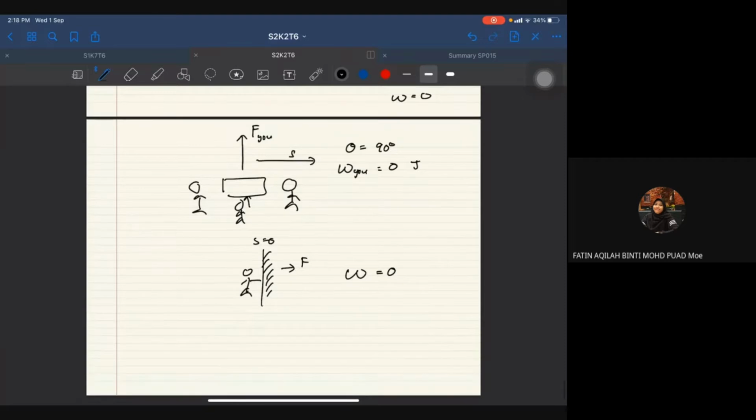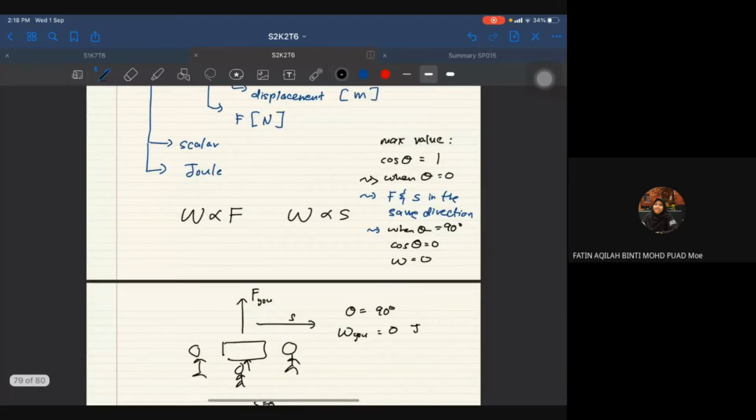Okay, and then what is the example when theta is equals to 180? Can somebody tell me? What if theta is equals to 180? -1. Yes. So I'm going to bring this one a little bit further up.